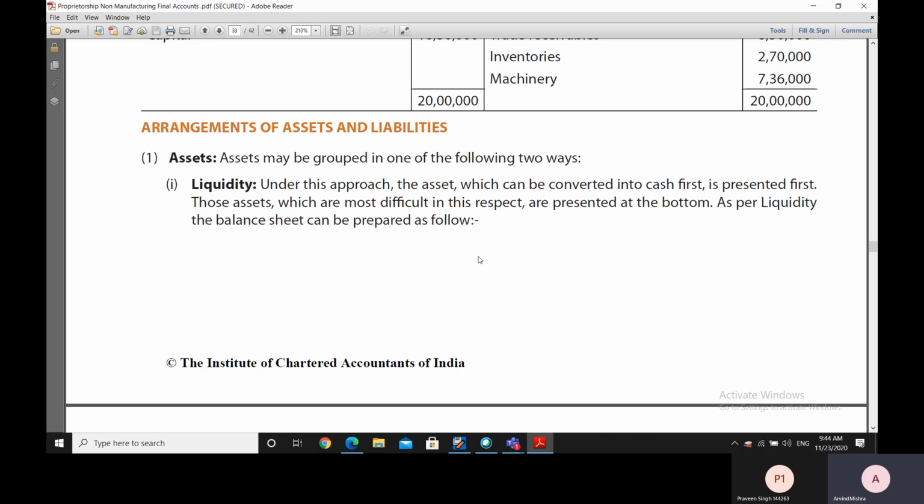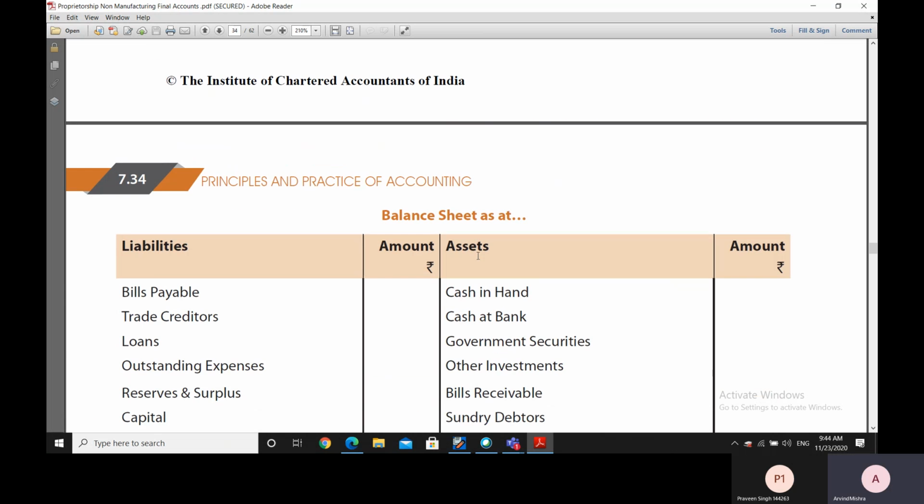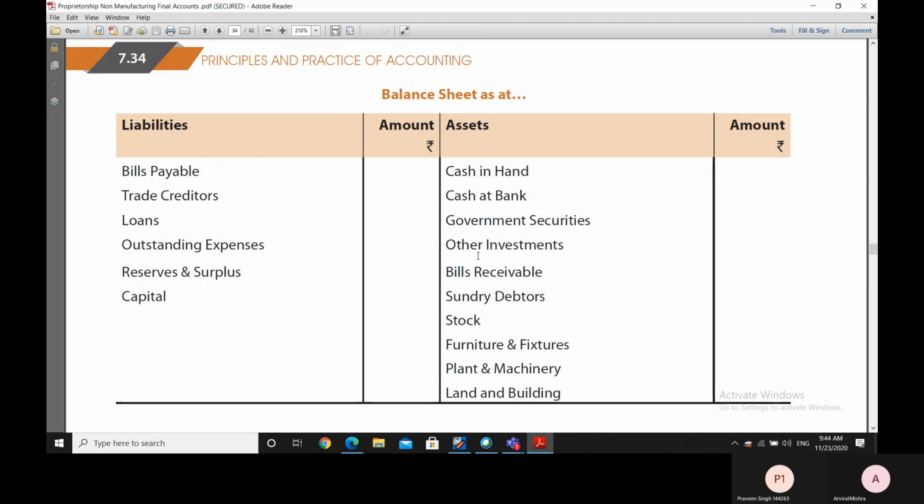So if we look at the liquidity approach, the balance sheet should look like this. In the liquidity approach, the cash, or whatever asset is the easiest to liquefy, meaning to convert into cash, is mentioned at the top, and those which are more and more difficult to liquefy or liquidate are put down below.